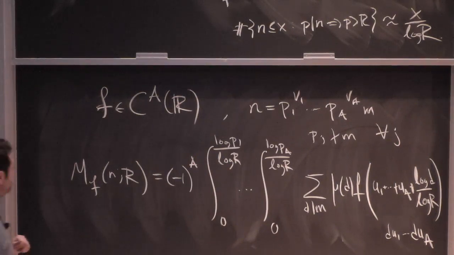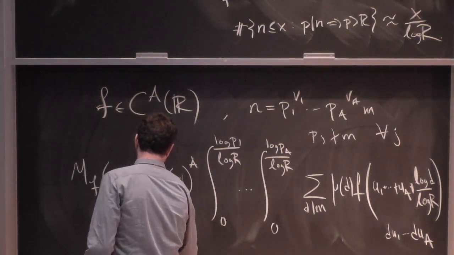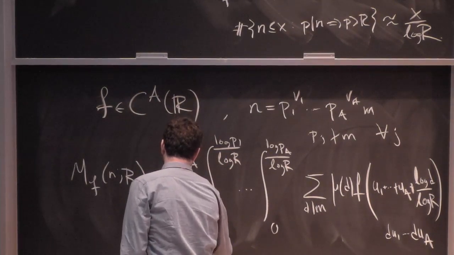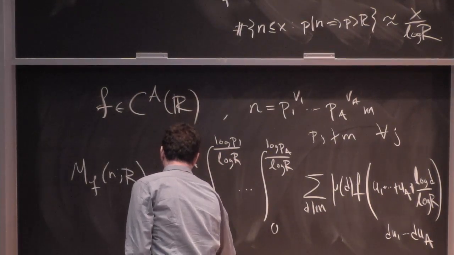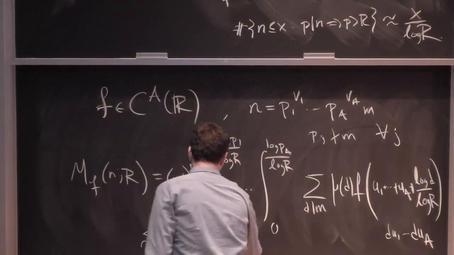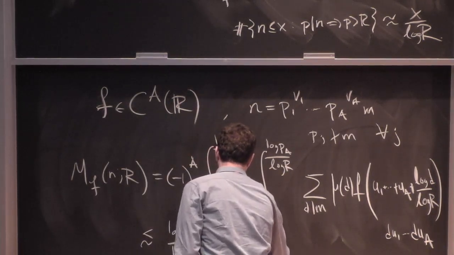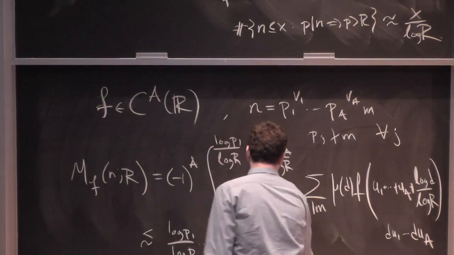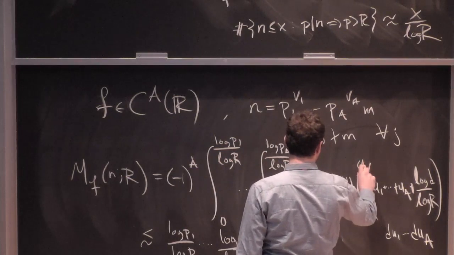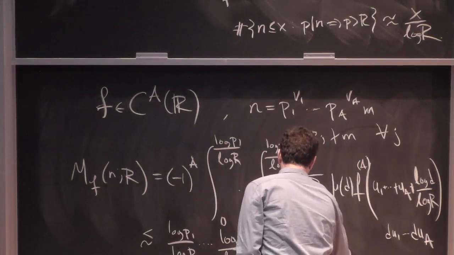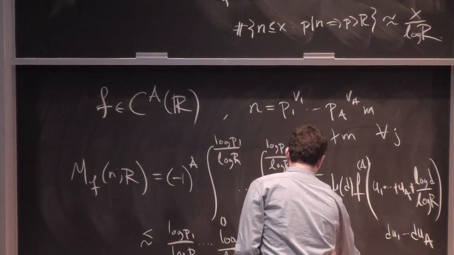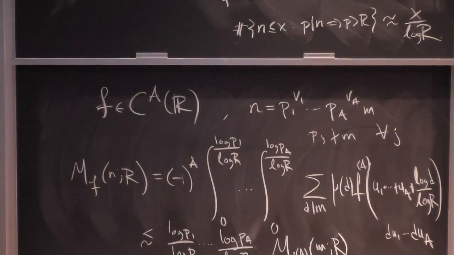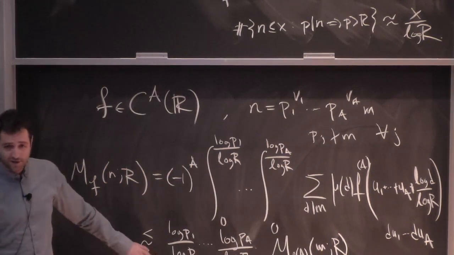Okay. And if I take absolute values everywhere, it looks like this is essentially, again, I'm forgetting the derivative. It looks like it's controlled by a quantity that looks like this.